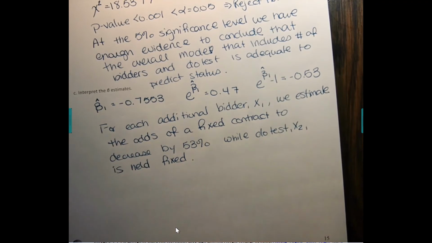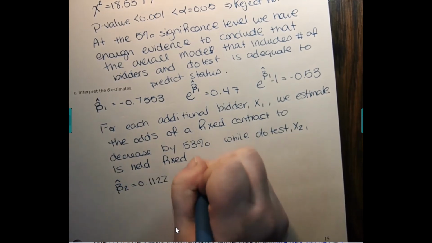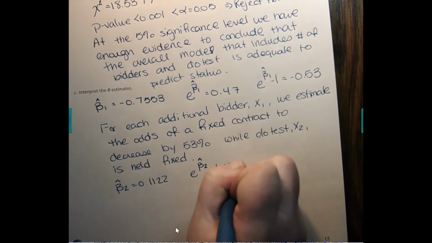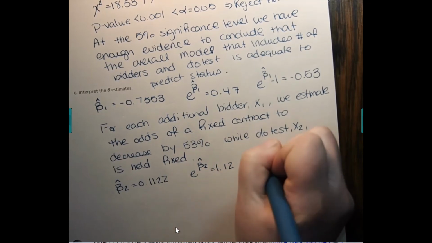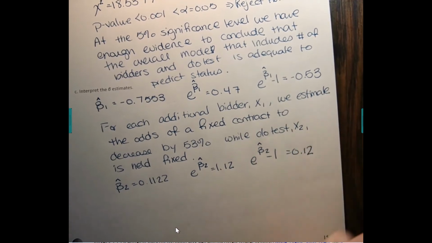We can do something very similar for beta hat 2. Beta hat 2 is equal to 0.1122. E to the beta hat 2 is equal to 1.12, and then e to the beta hat 2 minus 1 is equal to 0.12.